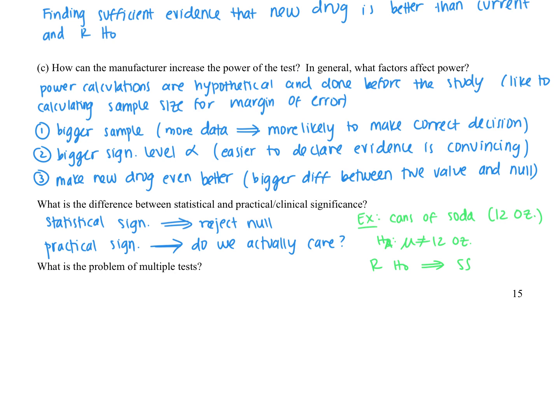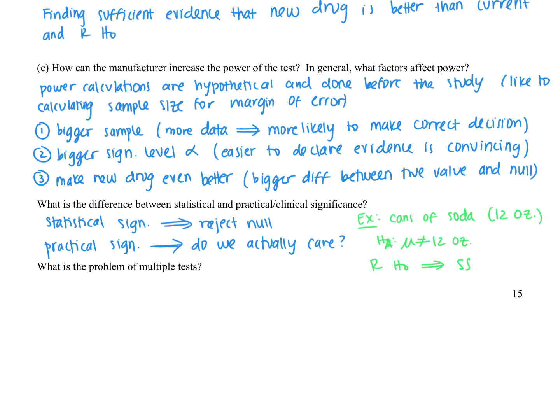Probably not, right? That is a case of statistical significance because we rejected the null, but practically it doesn't really matter to us because it's so close. Now, on the other hand, if the cans were actually getting filled with 10 ounces of soda, that's a pretty big difference. So that's one where we rejected the null, and also it's a big difference, and we're going to step in.